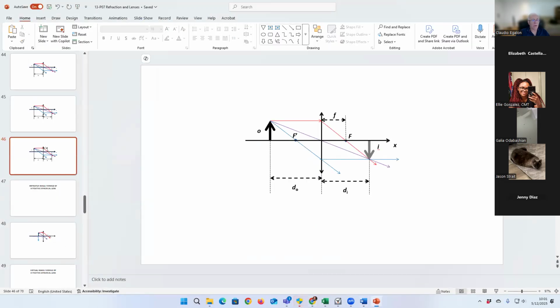Okay, so what we are having here, you go. If the object is past the front focal point, the image is formed past this focal point here, on the other side of the lens. Okay.